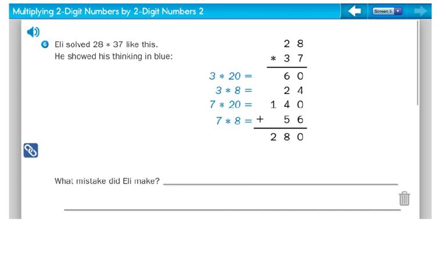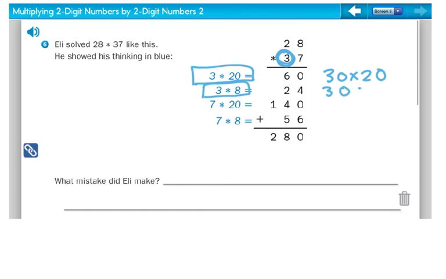The first thing I notice is that on 3 times 20, the value of the 3 is not 3, but it is 30. So if I look, this should really be 30 times 20. So that means that this one's not right either.